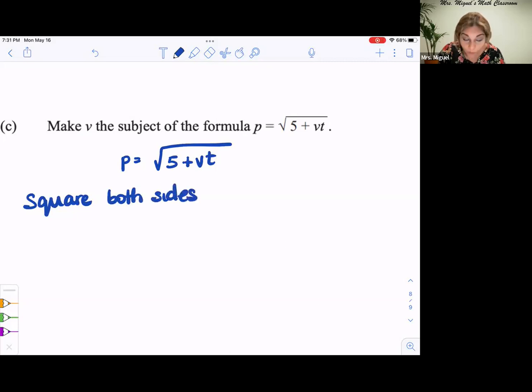Just now we had a square and we had to take the square roots. So when we want to remove the square root, we square both sides. Now, make V the subject. Go ahead and try it.